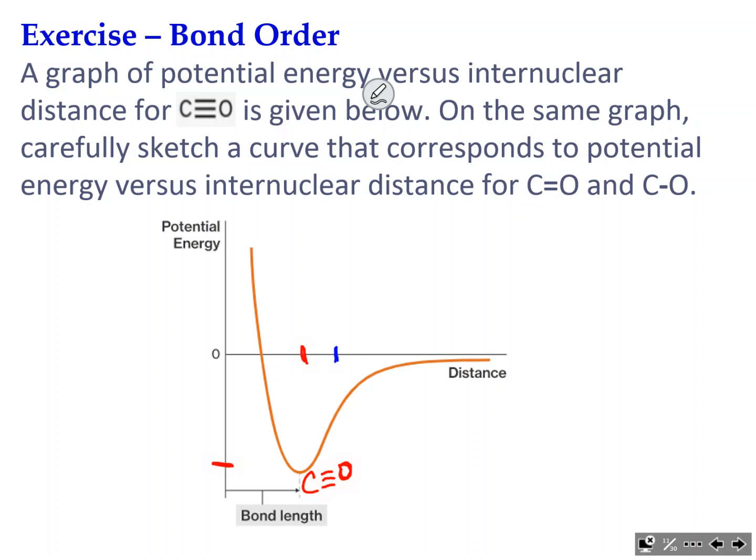So I'm going over here, drawing it, oops, that's not really the best, but anyways, so it goes right here. So this would be the C double bonded to the O. Of course, make it a little bit more round here. Okay. Now if we're doing the C single bond O, where would that one go? Where would we want to draw in our curve?